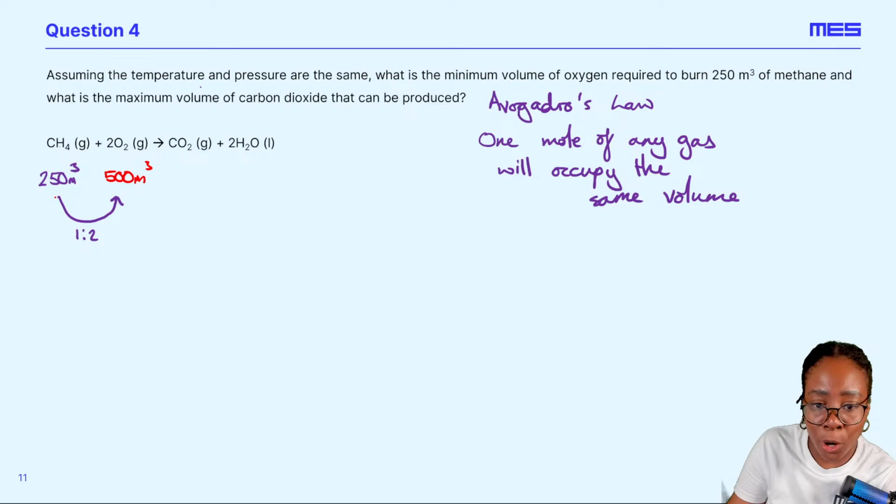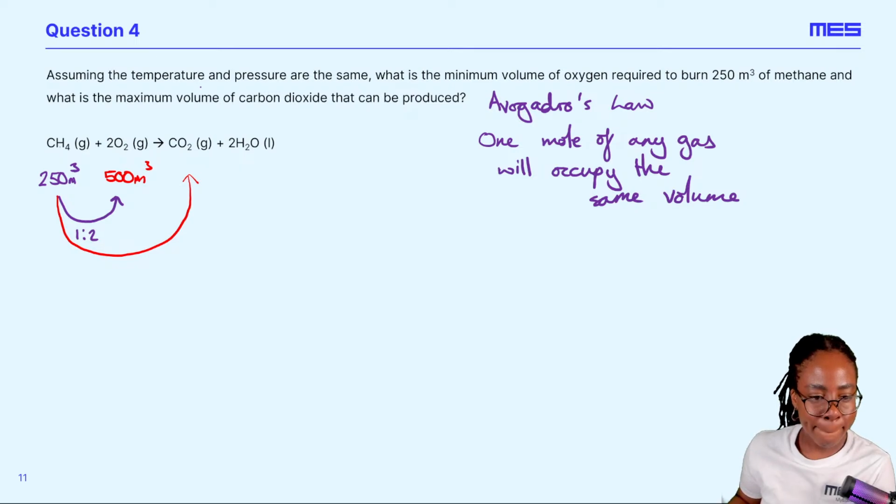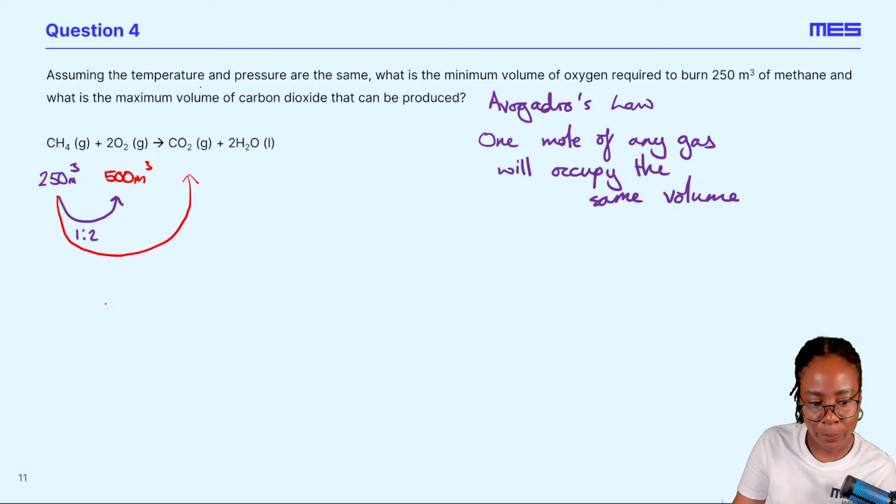What volume of carbon dioxide would we produce with that in mind? You tell me. Absolutely, thank you. It's a 1-to-1 ratio. So same volume, 250 meters cubed, not centimeters cubed.